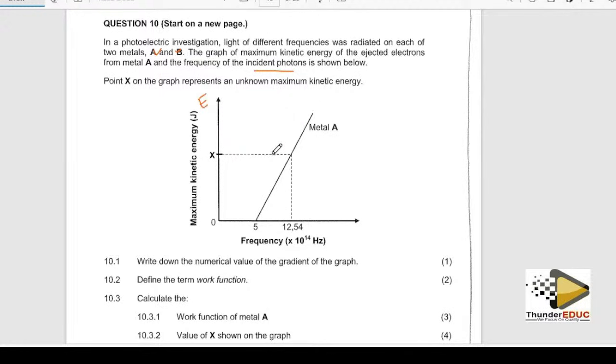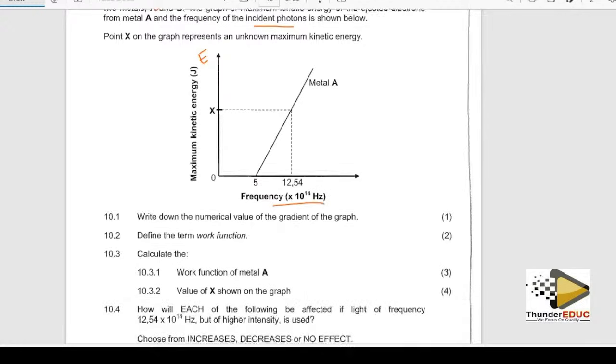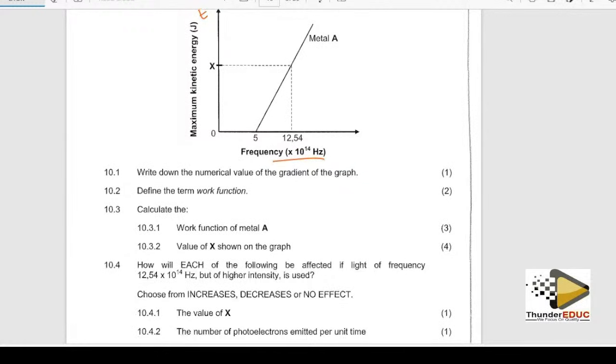Then 10.1, they want us to write down the numerical value of the gradient of the graph. It's a 1-mark question, which means it's kind of direct.